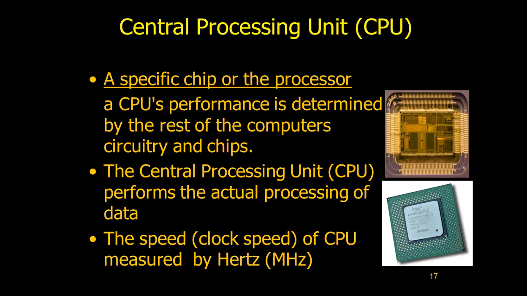The central processing unit performs the actual processing of data. The speed of the CPU is measured in hertz. Just like your human brain, everything that you think of and how you respond goes through your brain.